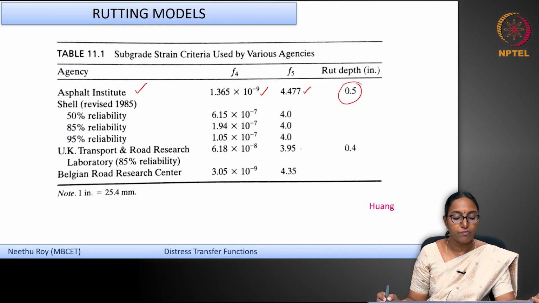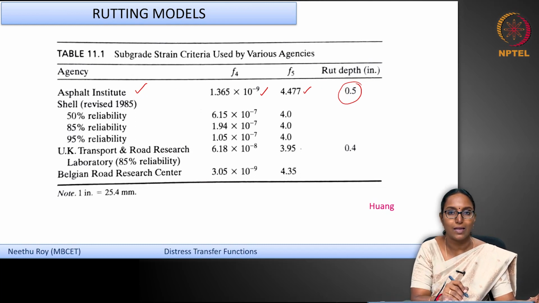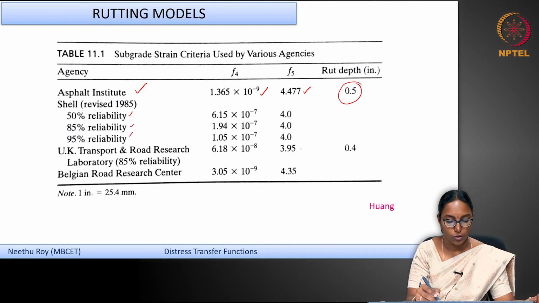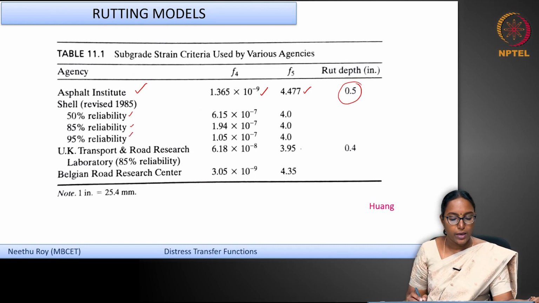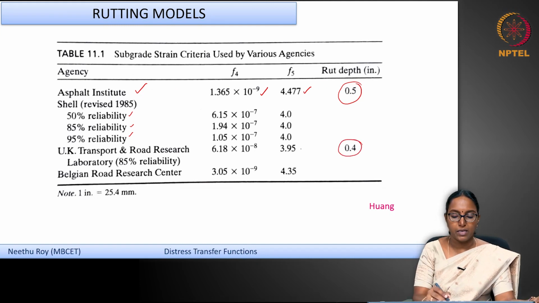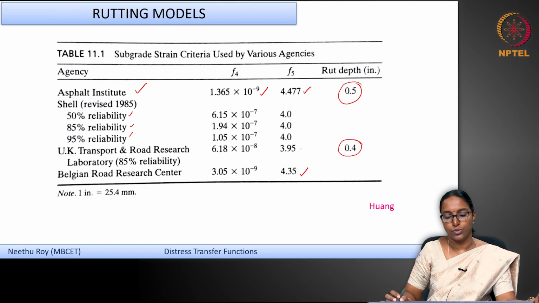Shell has given these parameters at various reliability levels of 50%, 85%, 95% and so on. Then TRRL of the UK has given, at 85% reliability level and for a rut depth of 0.4 as failure, the coefficients F4 and F5, and you can also see some values by the Belgian Road Research Center.